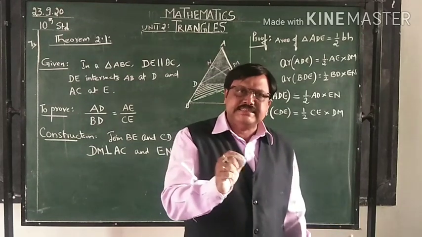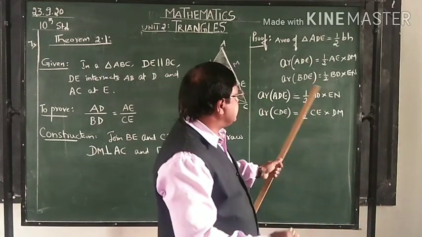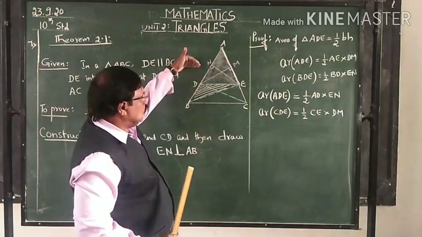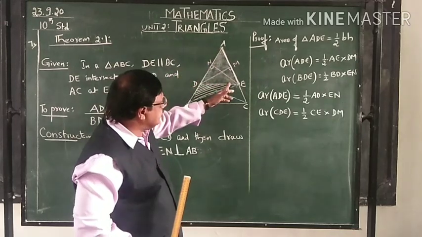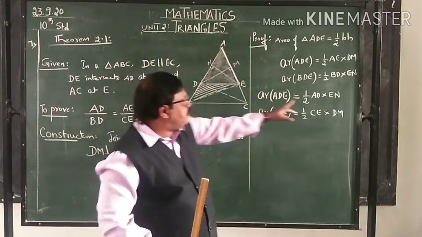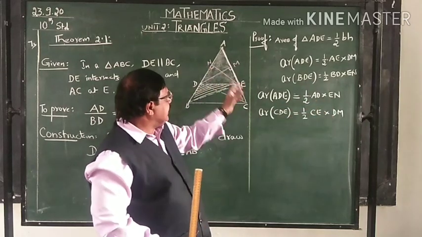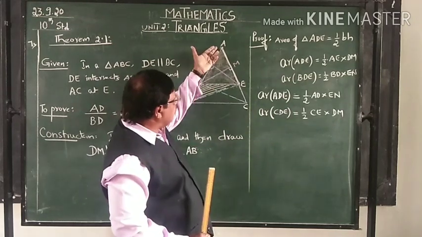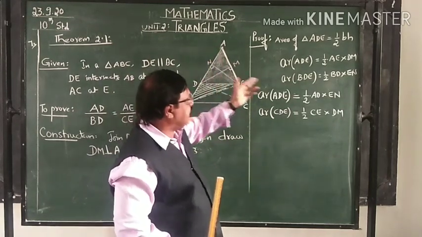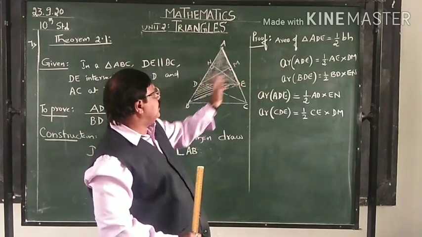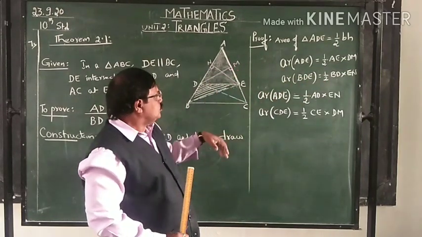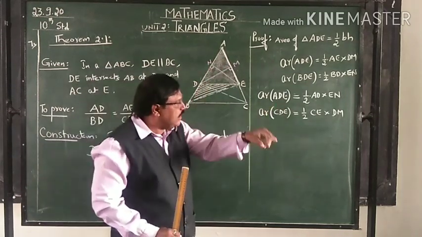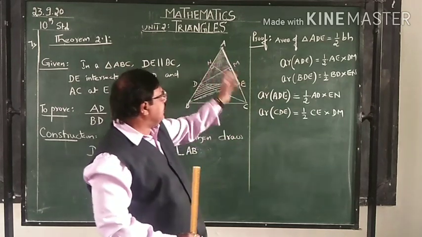See students, like this you have to collect the areas of triangles. The same triangle ADE also I can write as base into height. If you take AD as the base, then EN is the altitude, the height on the same base. If you take AE as the base, on that base DM is the height.